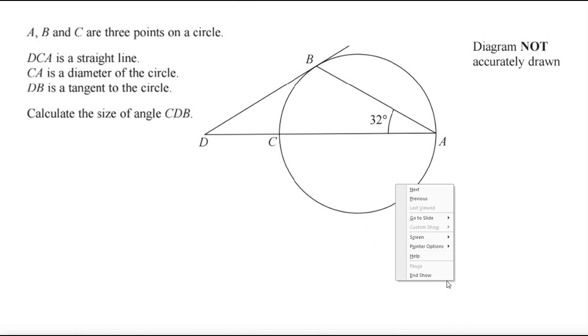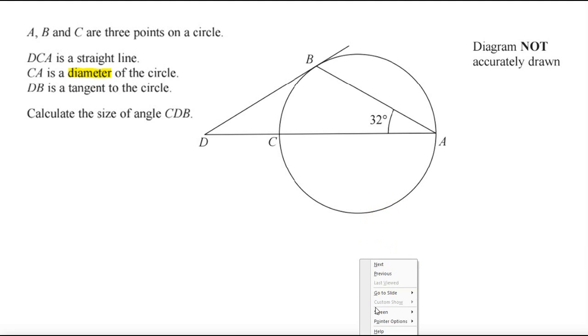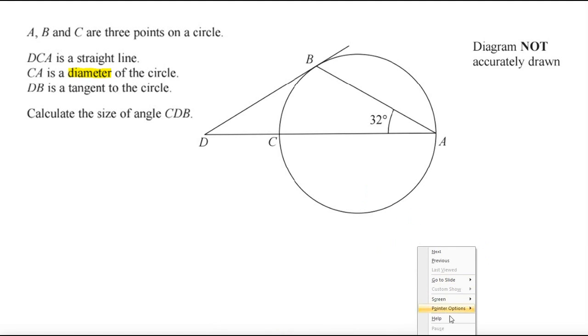Well, I said that the important bit of information was this idea that CA is a diameter, and I'm going to use that idea again, but in a different way. Okay, so this time what I'm going to do is give us a center for our circle.